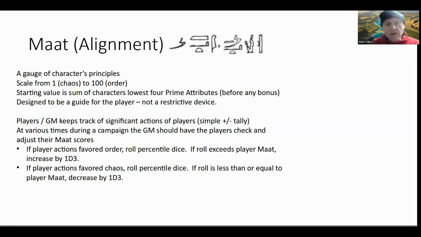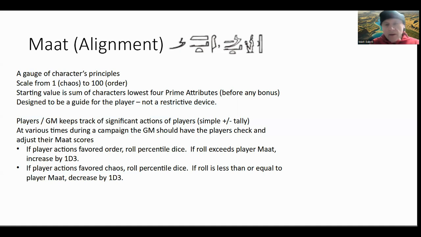And again, there's a chart in the game of possible actions or concepts and ideals that players of different alignment levels might hold, like whether or not you worship the gods, or whether you tell the truth, or whether you are likely to steal or murder, those kinds of things.